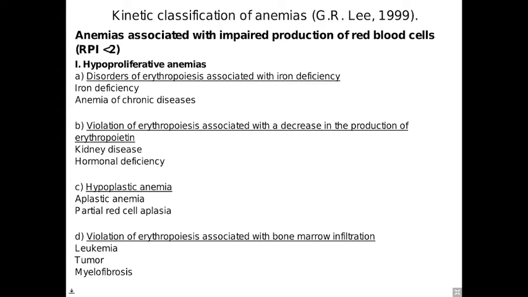For example, iron deficiency can lead to that: not enough supply of the iron, or maybe some problems with the iron absorption in the GIT. There will be hypoproliferation because iron content is absolutely essential for normal erythropoiesis.